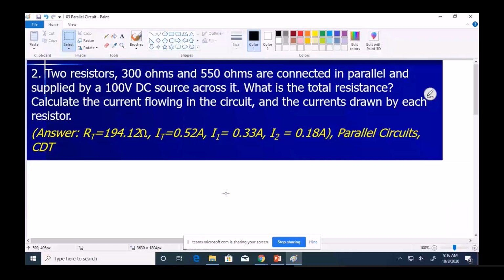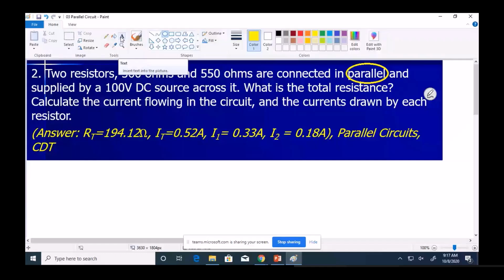Okay. This problem is intended for parallel example. So, this is about parallel. It is very clear the problem is about parallel here. So, we will solve the circuit. First, build up the circuit to help you visualize the problem. This is optional.